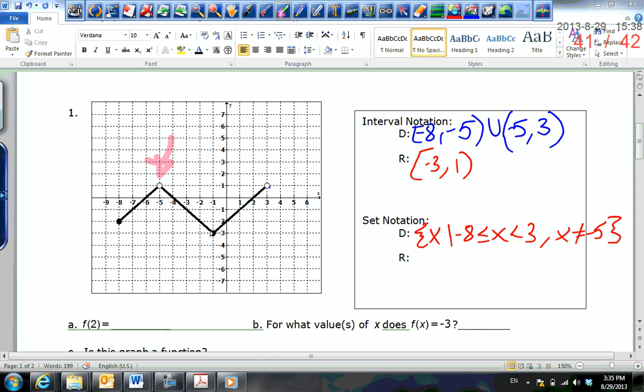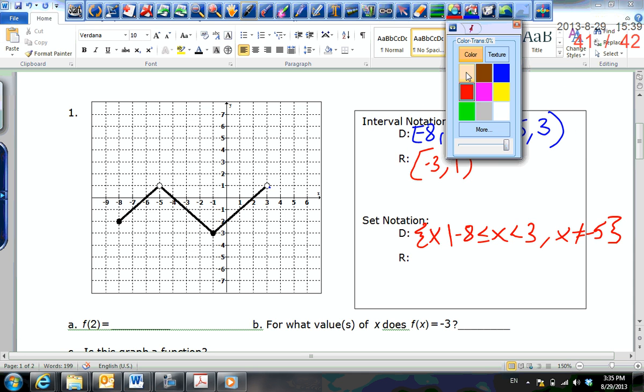What's the x value where the white hole is? -5. So you count -8 to 3, and then take out the -5 in the middle. Right, because it's an open circle. We're saying the exact same stuff right here.